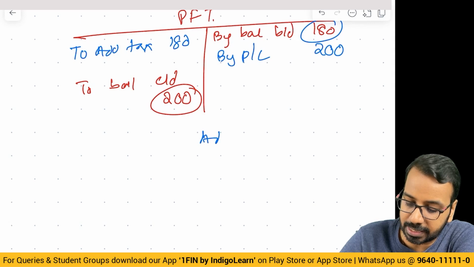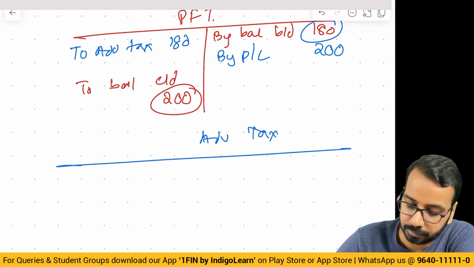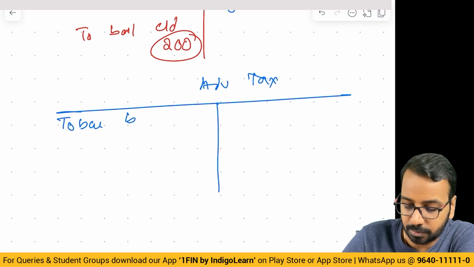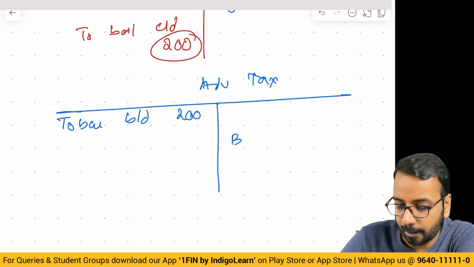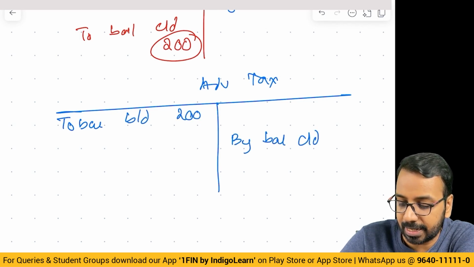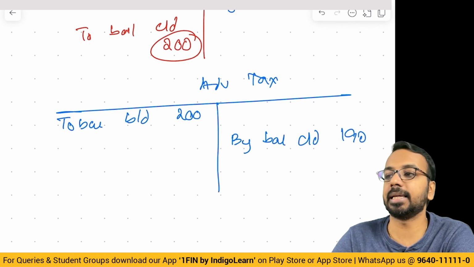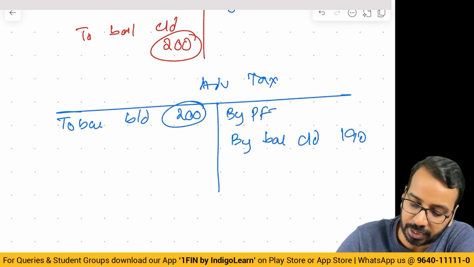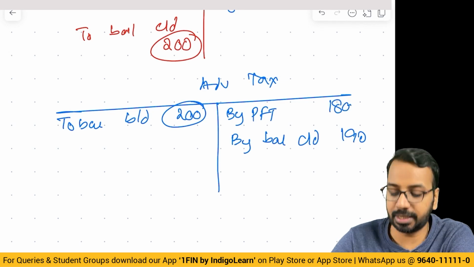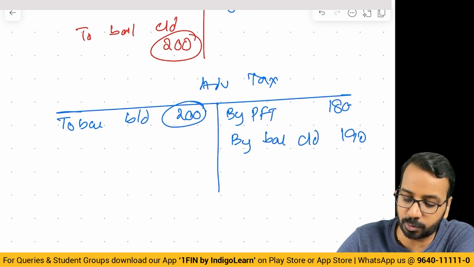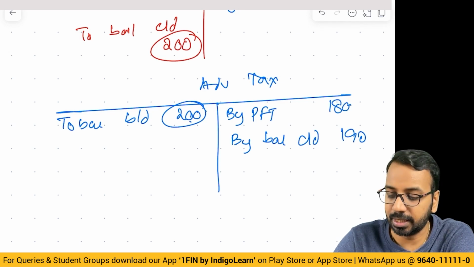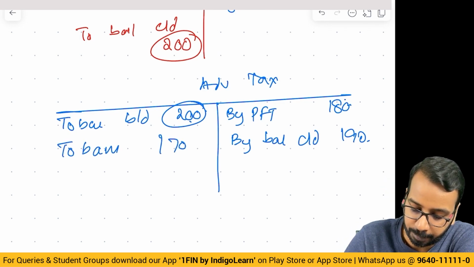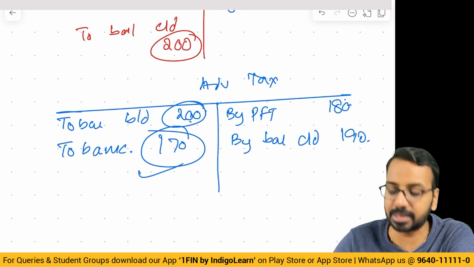Now coming to advance tax account, opening balance is 200, to balance brought down 200, by balance carried down 190, right? Now out of this 200 we have transferred to provision for taxation account 180. So 200, 180, here it is 200 minus 180, 20, 190 minus 20, 170 is what is paid through bank. So advance tax paid is 170.